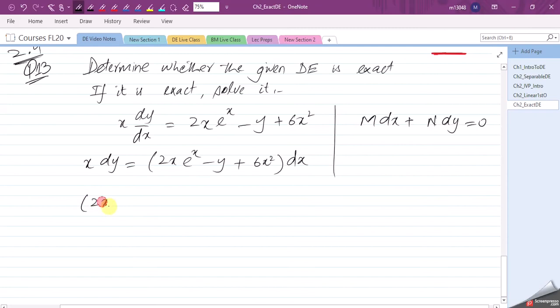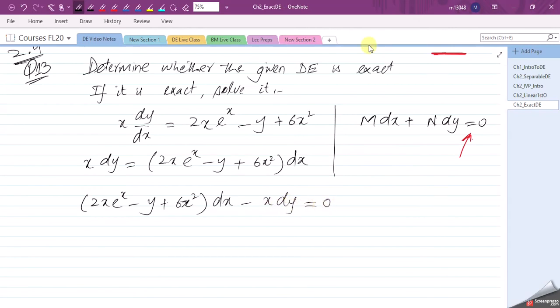Now we can bring them on the same side because they have to be equal to 0. That is very important to note: the equation should be equal to 0 when you write M and N. Okay? 2x minus y 6x squared dx, minus, this goes on the other side and becomes minus dy equals 0.